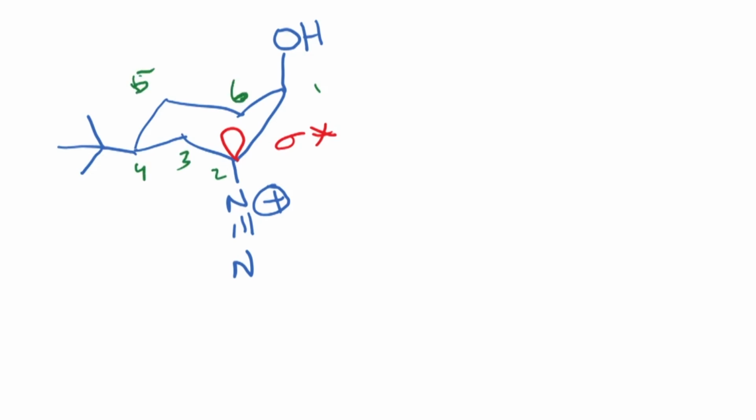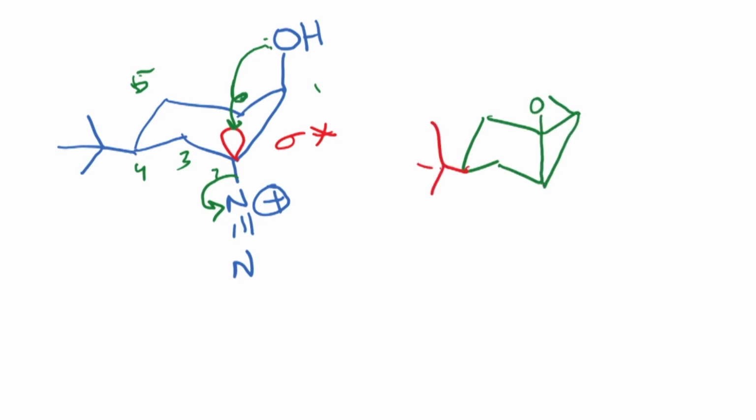In this case, what happens is that the lone pair on the oxygen is going to play a role like in the previous cases, but the difference is that the lone pair is going to directly attack the sigma star orbital here, resulting in the loss of nitrogen, and the product that we would get is actually the epoxide. And the rest of the molecule remains the same.